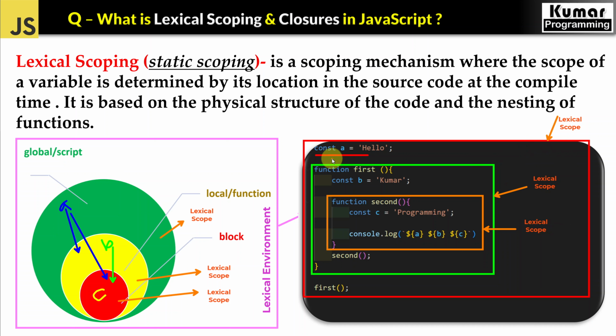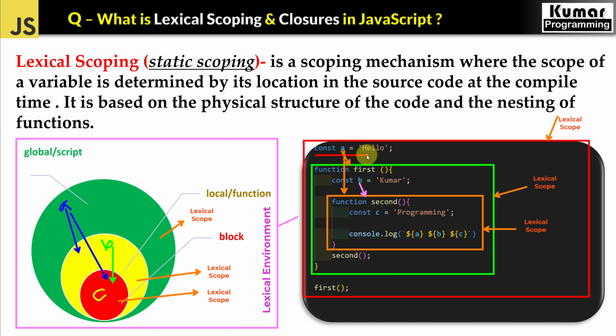Okay, and if we declare any variable in the parent scope, then this variable will be accessible to all the child scopes, right? And if we declare a variable b over here, then this variable b will be accessible to this child scope, right? But if we declare any variable in this scope, in the block scope, then this variable c will not be accessible to any outer scope.